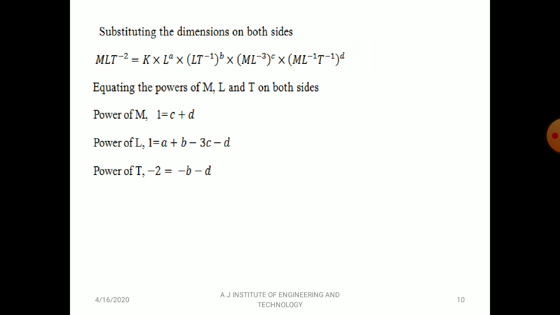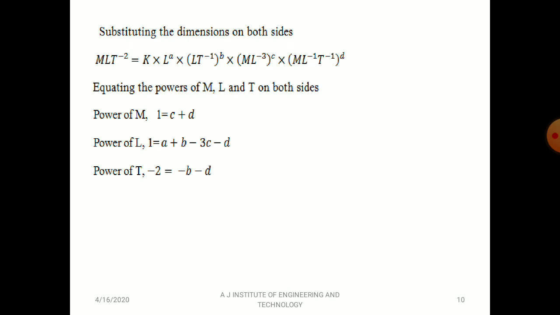If we are not able to find the important term, we can just go with the second method. This is the second method. We can look into the expressions and search for a repeating term in all three expressions. So from this observation we can conclude d is the common term for all three expressions. So I can express expression 1, 1 equal to c plus d, in terms of d as c equal to 1 minus d.